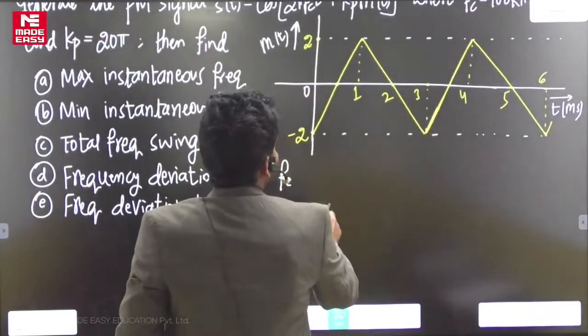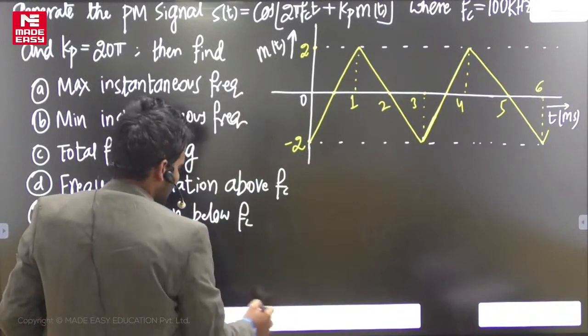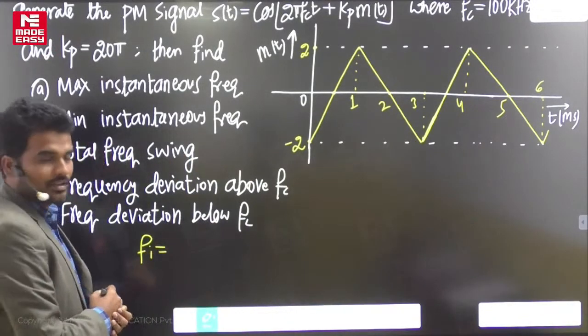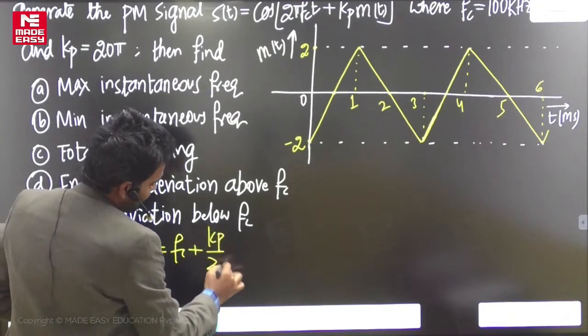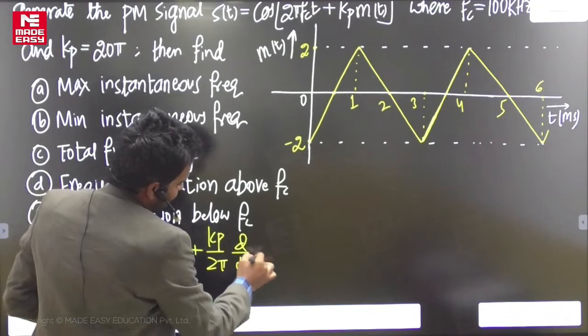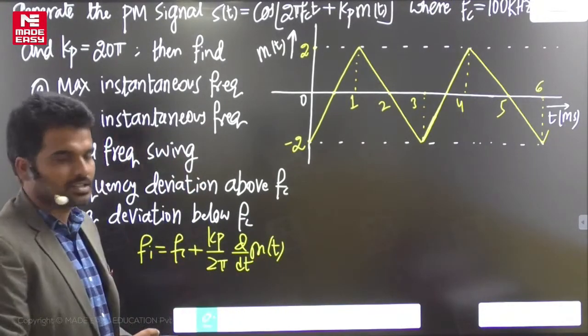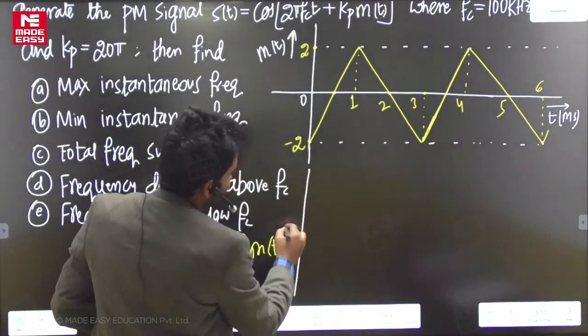Now here, first let's find the differentiation of m(t), because the instantaneous frequency of a PM signal is given by fc plus kp by 2 pi times the differentiation of m(t).